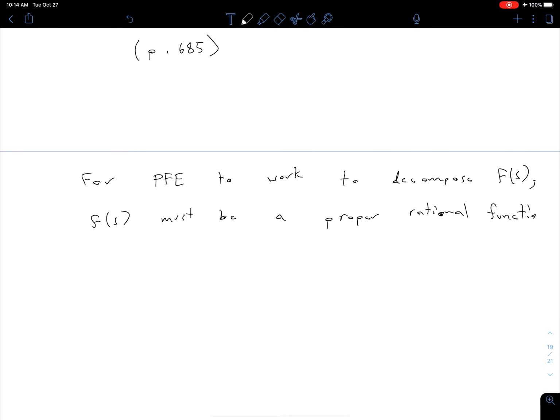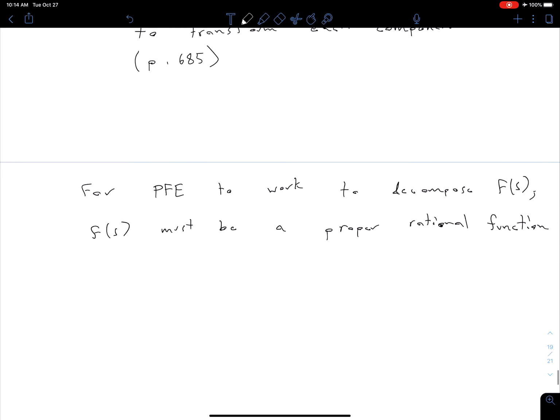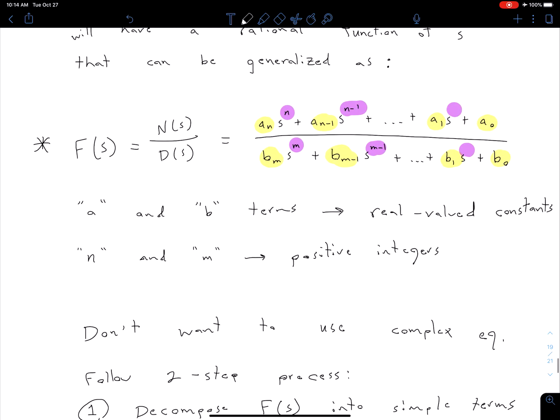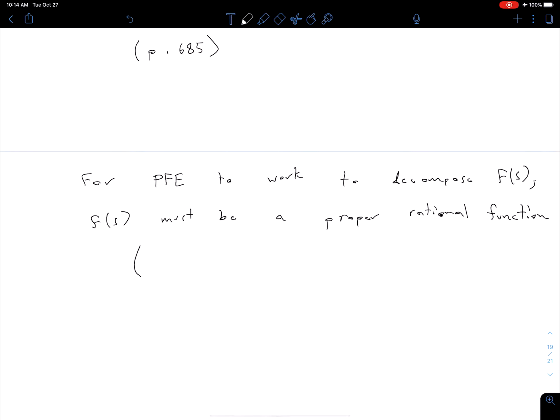So what does that mean in terms of our general equation up here? That means that the exponent m in our denominator has to be larger than the largest exponent in our numerator, n. So m has to be greater than n.